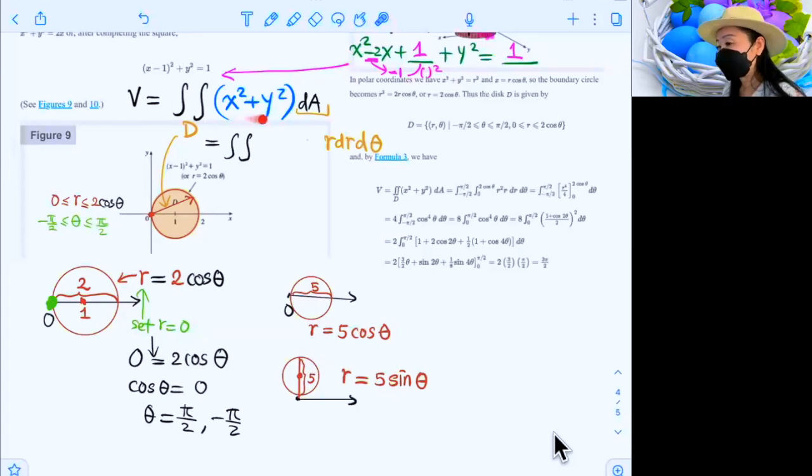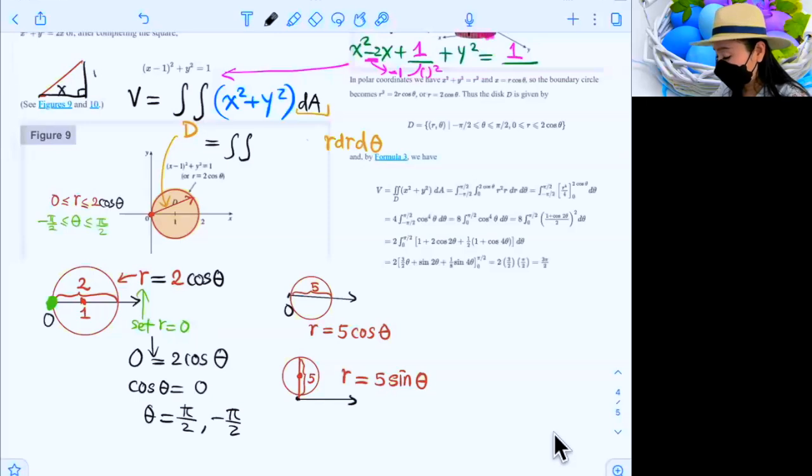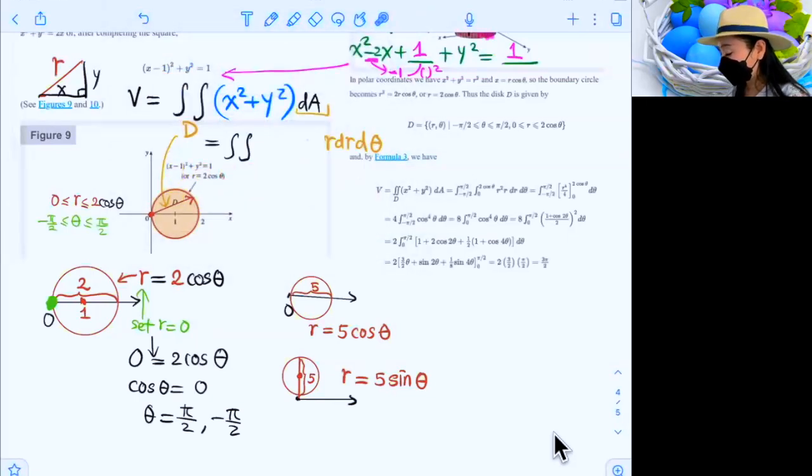Do you guys remember x squared plus y squared? How is it related to r? Remember this? This is x, this is y, and this is r. How is x squared plus y squared related to r? Yeah, that's equal to r squared, right?